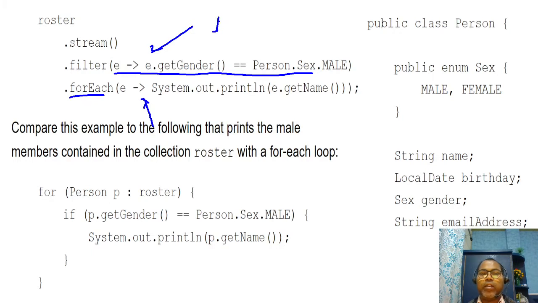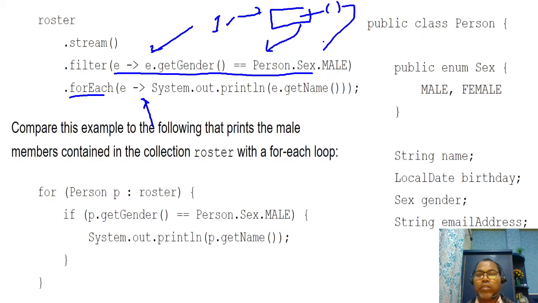If any method takes an interface, we have to provide the implementation class that overrides the particular interface method, and that object you have to pass here. Instead of writing a separate class or separate object, you directly pass the overridden method logic itself using the lambda expression.